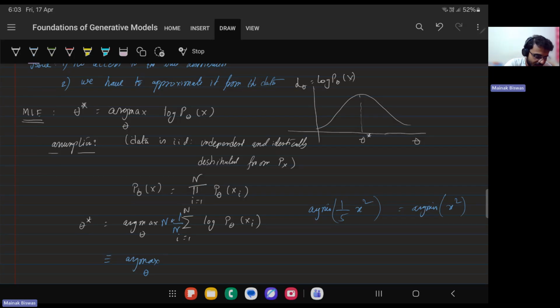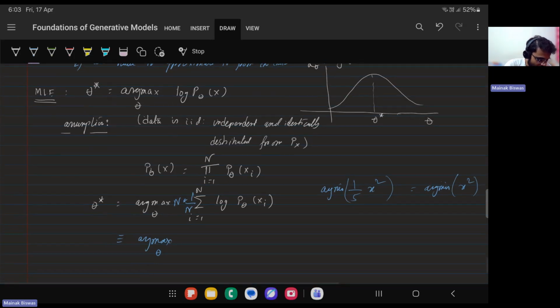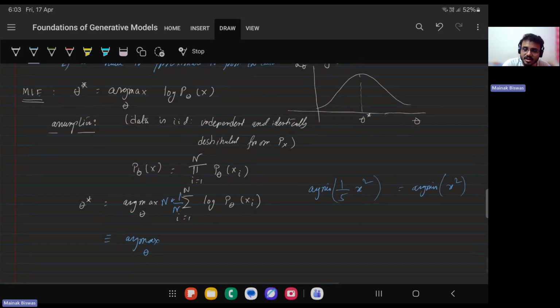So any constant you multiply or add, the arg max or arg min stays the same. For example, x squared and x squared plus 2 are both minimized at 0. So I can say this is equivalent to 1/n, sum over i from 1 to n, of log p theta of x_i.